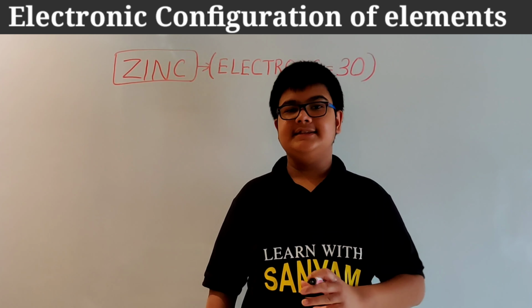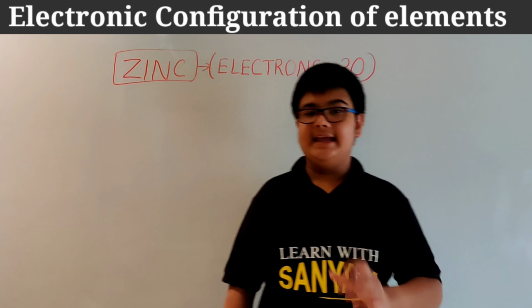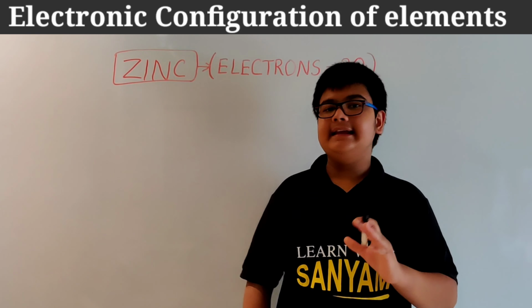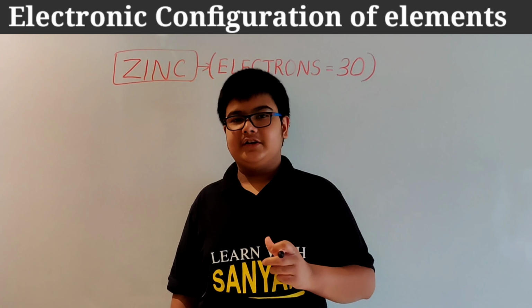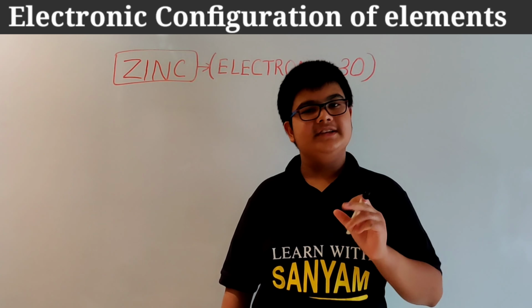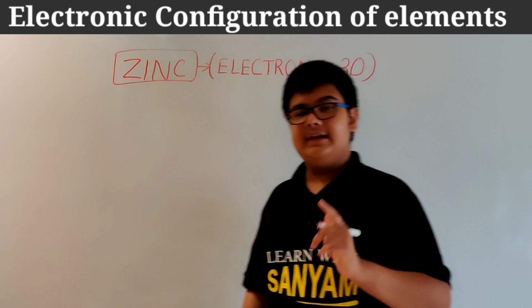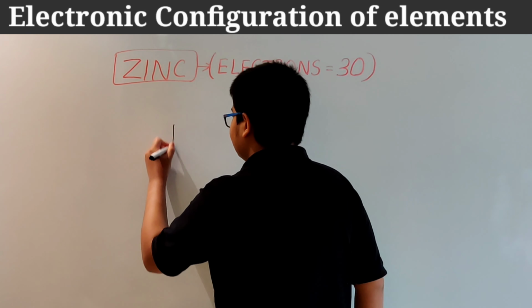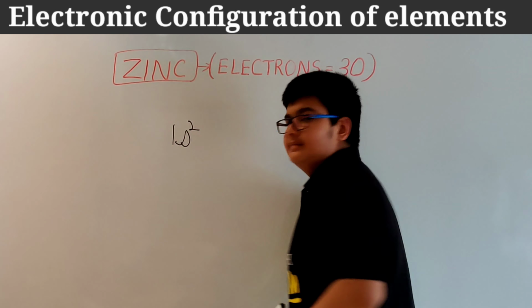Now let's discuss the electronic configuration of another element, and that is zinc, and it has 30 electrons. As there are more electrons, this time I will not be drawing the diagram of all the orbitals. We will just be representing it through the notation. So first we will fill the electrons in the 1s orbital, and as it has a capacity of 2 electrons, 1s2.